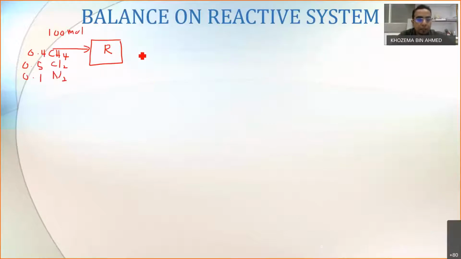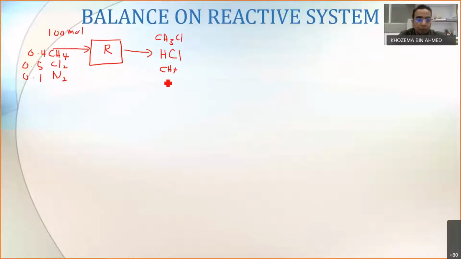And then coming out from the reactor, I know from my reaction I have a product of chloromethane, CH3Cl, and then I have HCl. And since I have a conversion given to me, that means not all of my reactant will be converted, consumed and produce product. So I know that I will have leftover unreacted methane, CH4.